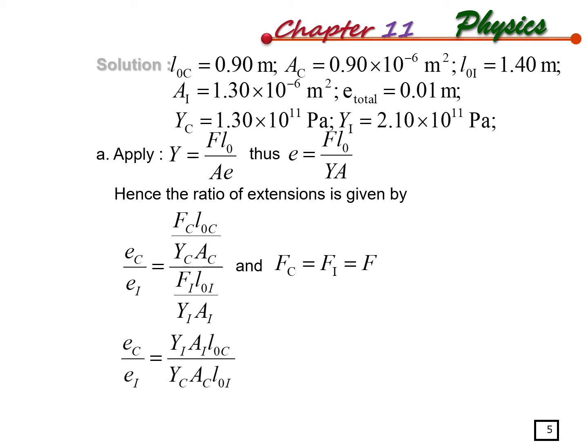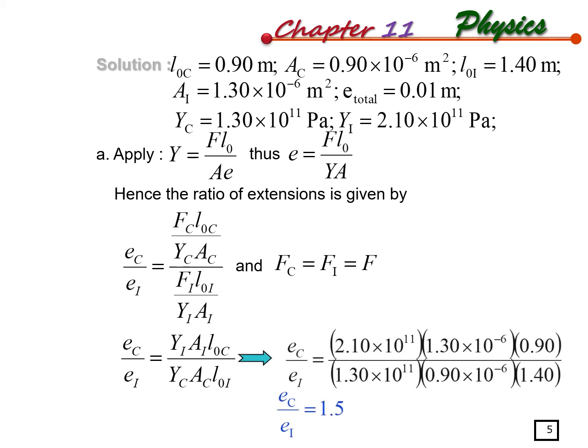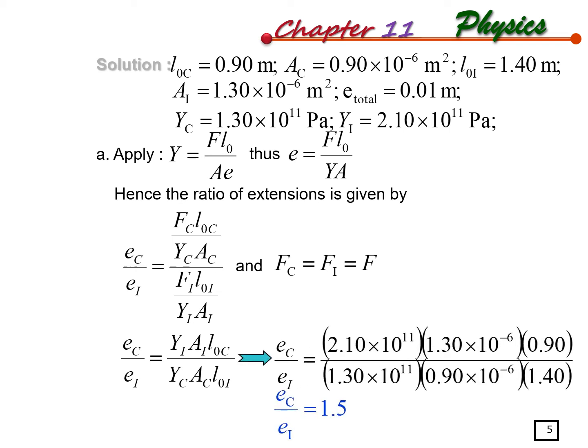Rearrange in terms of ratio, replace in all the values, and for the final answer of the ratio copper to iron, you will get a ratio of 1.5. Okay, since it is a ratio, we don't have any unit. We just have a magnitude only.